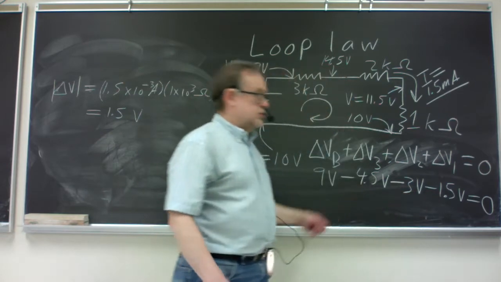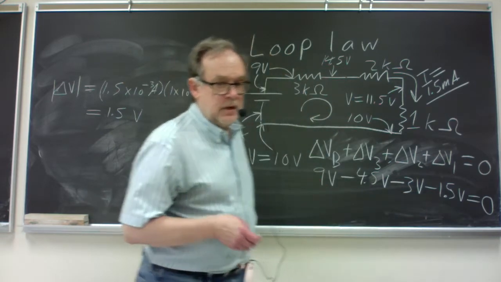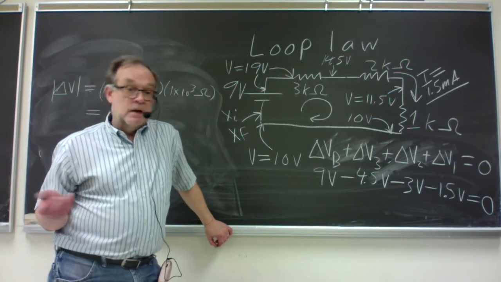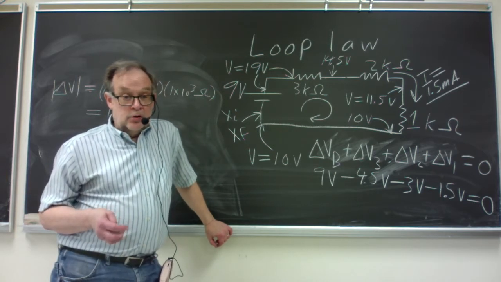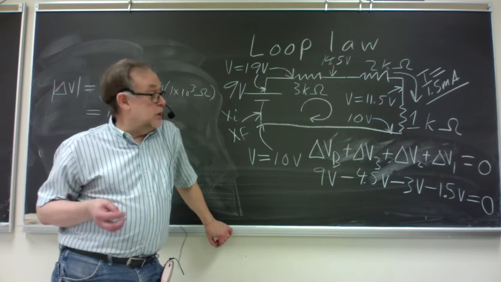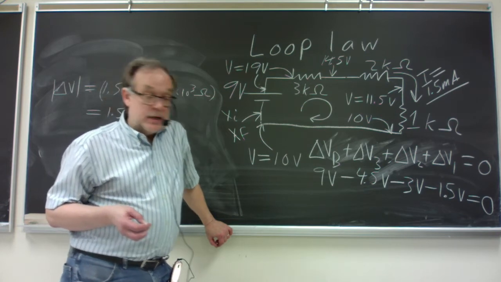The sum of those numbers is just minus 9 volts. So that's an example of how the loop law works. And we'll be looking at plenty of examples of applying the loop law in the next few days.